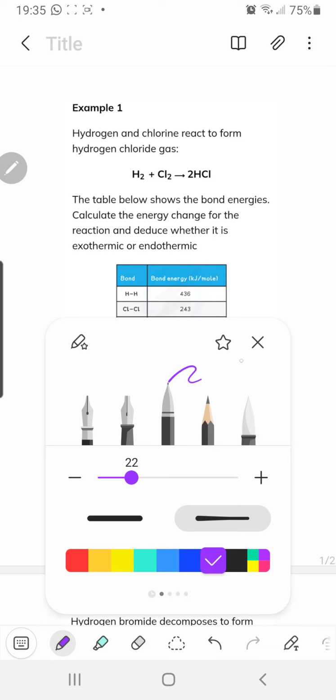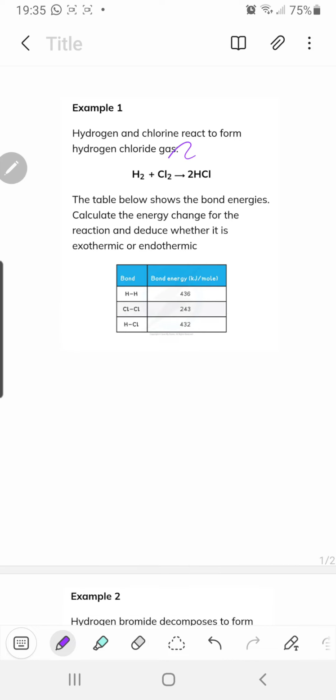So I would strongly recommend that you always draw a displayed formula. So draw your displayed structures before you do this calculation, because there's a very good chance that you could miss out a bond otherwise. Okay, so we have one hydrogen molecule. So this is our hydrogen molecule. And we know that hydrogen is only capable of making single bonds, all right? And we only have one chlorine molecule, so that's Cl-Cl.